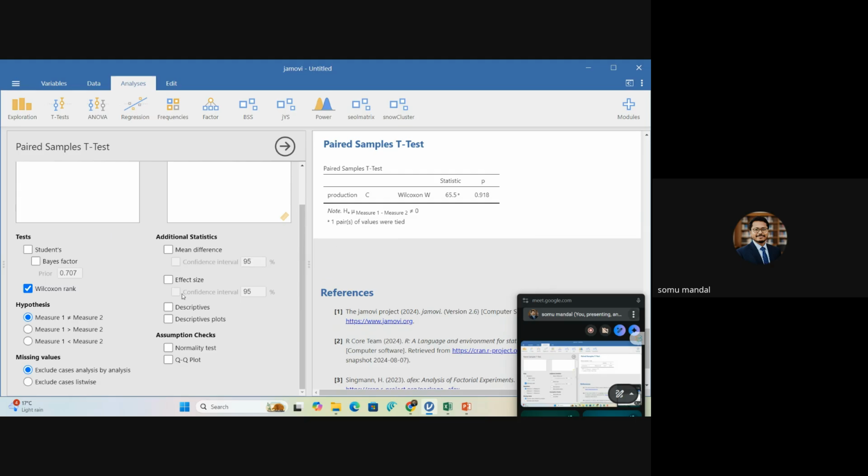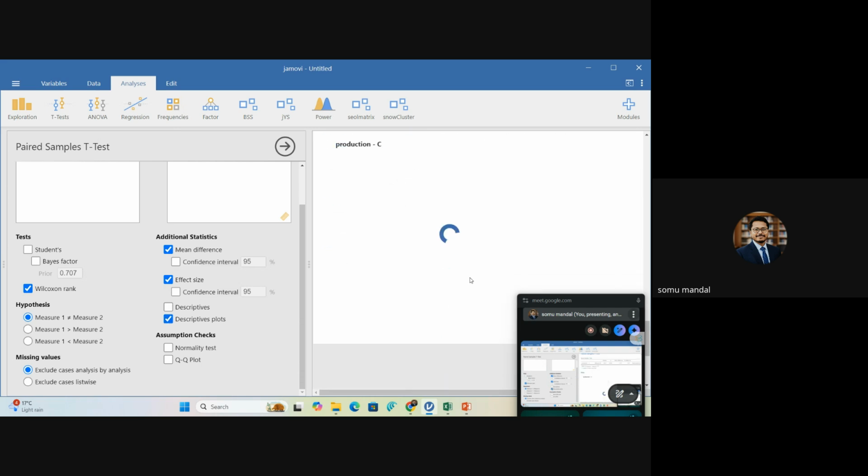Here you can use different kinds of mean difference, effect size, and descriptive plots also. This is the descriptive plot. This is the mean value at the 95% confidence interval, and this is the median value. So you find that the mean value is actually different, and the after has a higher mean value than the before production value.